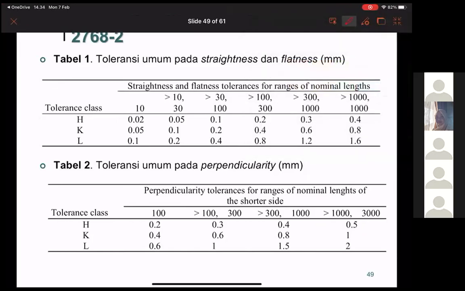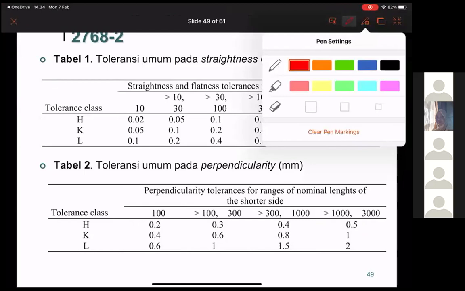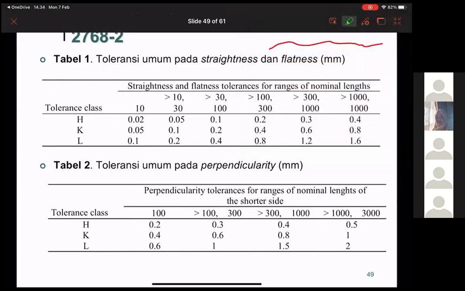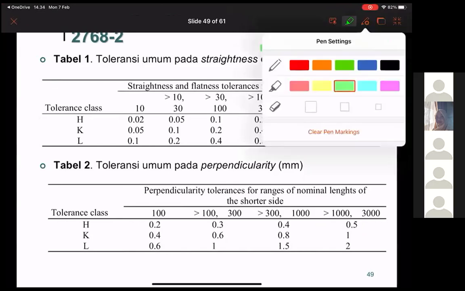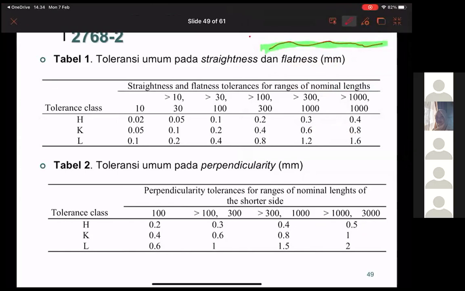Okay, so for example, if you have the straightness or the flatness, and then you have those tolerances, okay, so like that. Okay, so that is the tolerance.